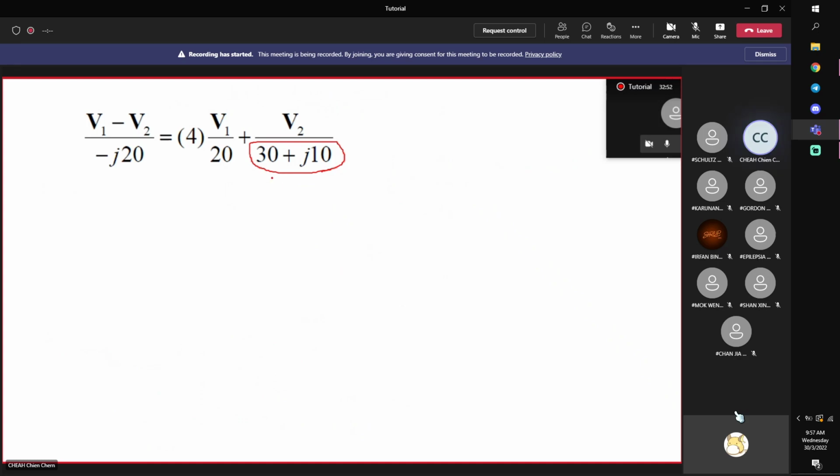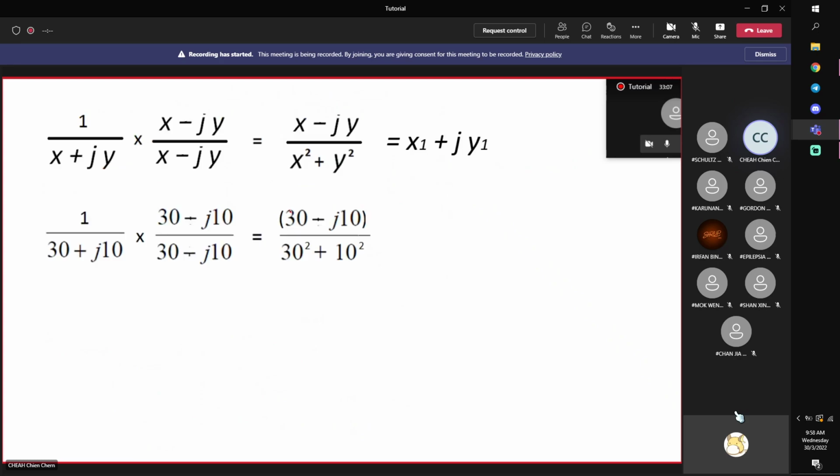Now you can see over here that of course you can use polar form, convert, right, to 1 over this. You can convert using polar form, but in the end you still need to add. So I will do it directly in rectangular form. This is what I've shown you last week.